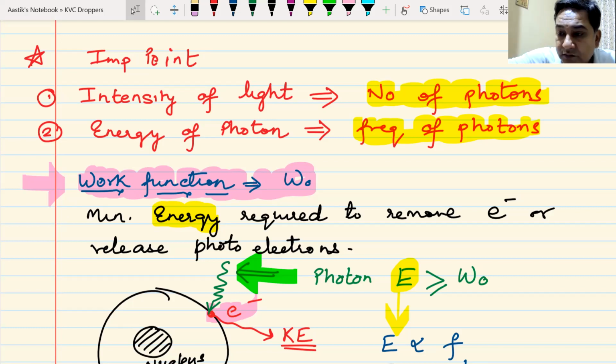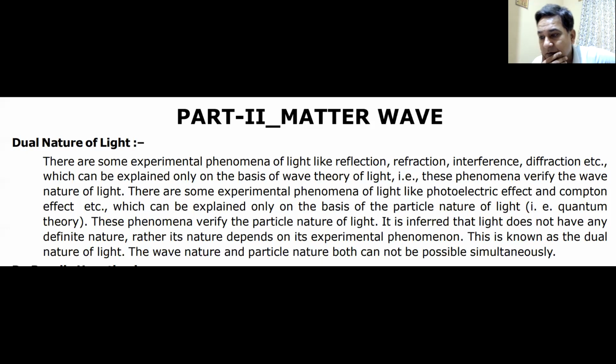Okay then. Since this is settled, we will move on to the next topic, and the next topic is known as matter wave. Heard about this matter wave?